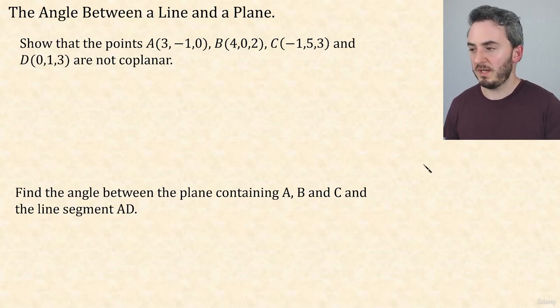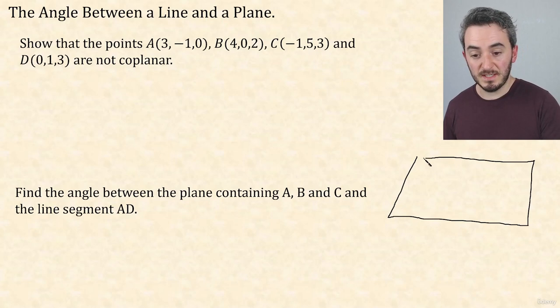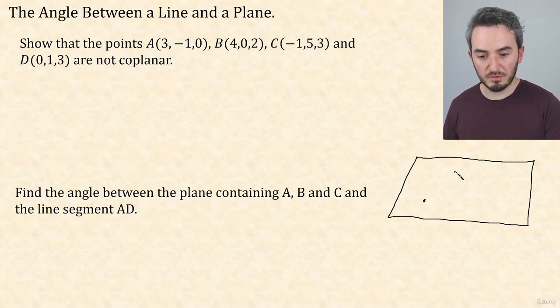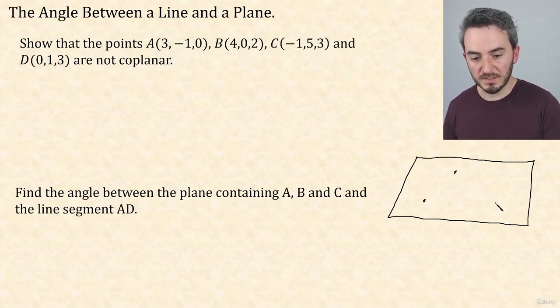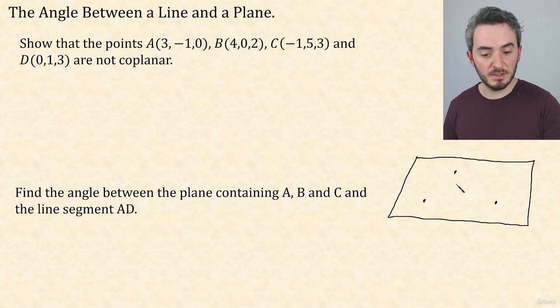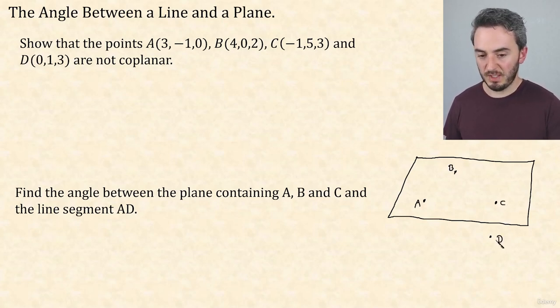Okay, so what's a picture for this? Well, A, B and C, indeed any 3 points, will describe a plane as long as they're not all in a line. So here's A, B and C, and they're sitting on that plane. And we want to show that D is not, so let's put D down here. Our strategy is going to be something like this.